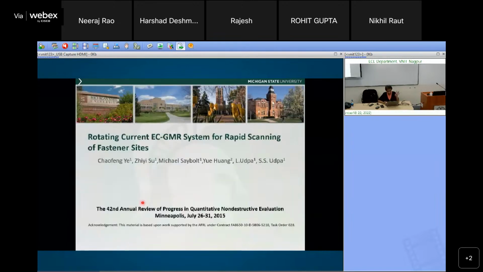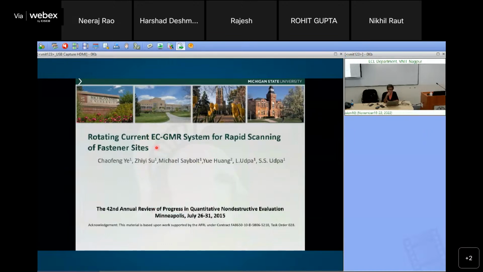And the second project I wanted to discuss this afternoon is for the multi-layer geometry for the aircrafts when you have riveted sides. And so what we built for them is using eddy current for excitation and the GMR sensor for measuring directly the induced fields instead of looking at the eddy current pickup coil.